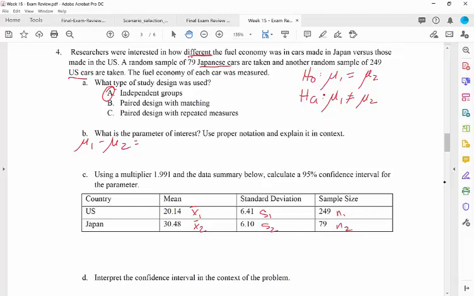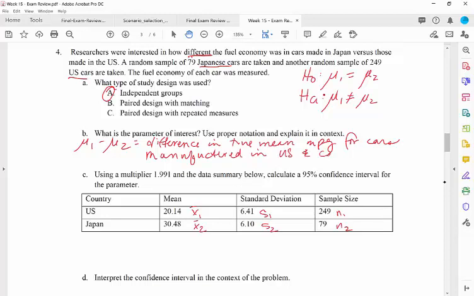So here we're looking at the difference in true mean miles per gallon for cars manufactured in the US and cars manufactured in Japan. So group 1 is US and group 2 is Japan.